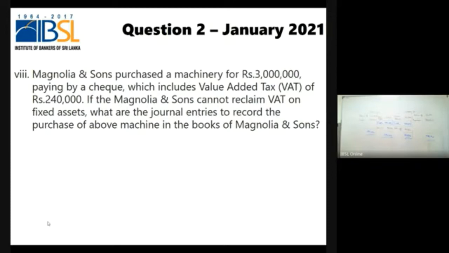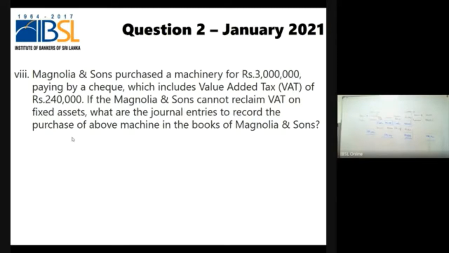Right? Even in your mobile bill, you have VAT. They say government taxes. That is VAT. So here, Magnolia and Sons purchased a machinery for 3 million. In this 3 million, 240,000 is VAT.